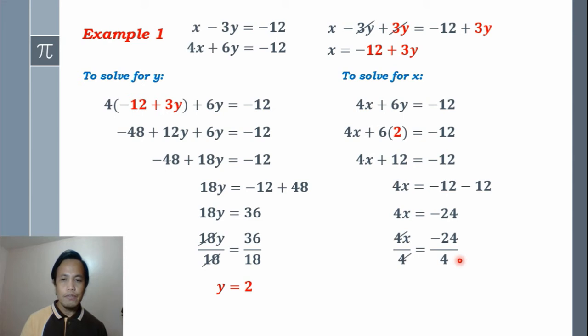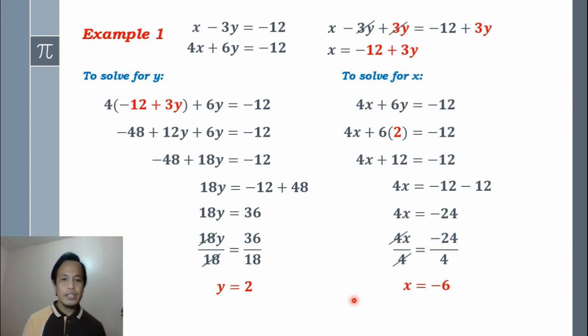So we cancel out the 4, then what shall remain at the left side shall be x equals negative 24 divided by 4, which is negative 6. Therefore, for this set of equations, the values that will make these two equations a true statement are y equal to 2 and x equal to negative 6.